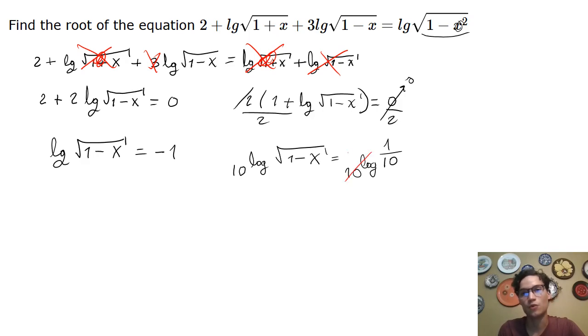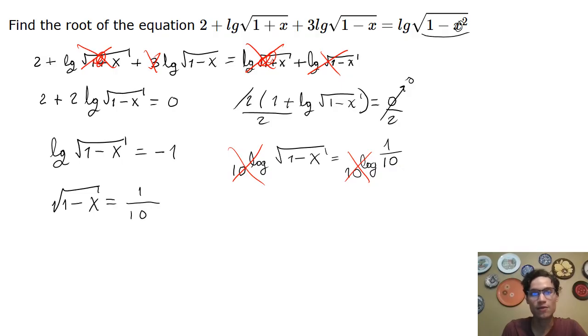And both sides get simplified, and what remains will be 1 minus x equal to 1 over 10, and we can square both sides.